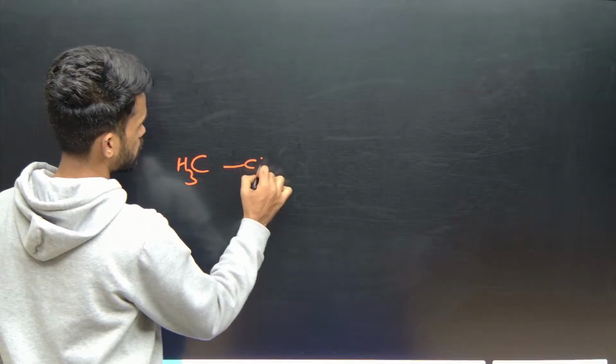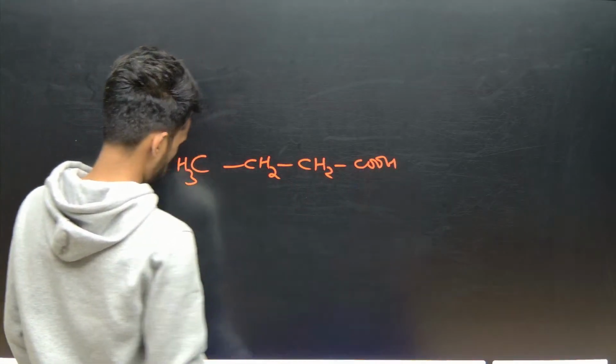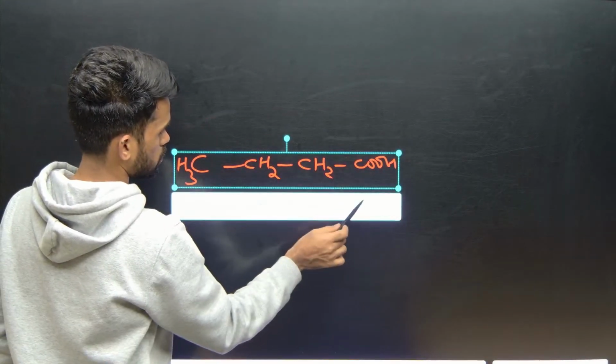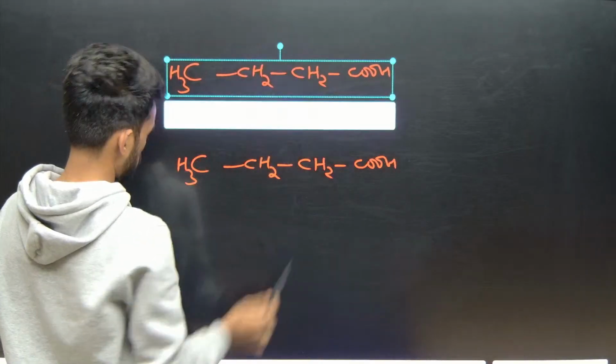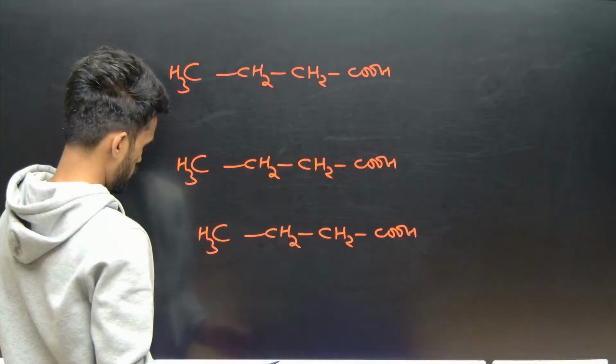Okay, now just tell me, here CH3, CH2, CH2, COOH. Tell me the acidic nature of these compounds.